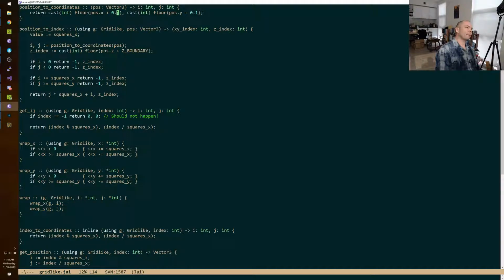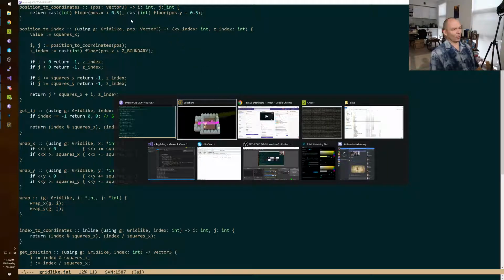So we want floor of 0.5. These 0.1s in here were originally only to act as epsilons, but now we're using this every frame to detect what square people are in, and that 0.1 caused a highly asymmetric rounding.